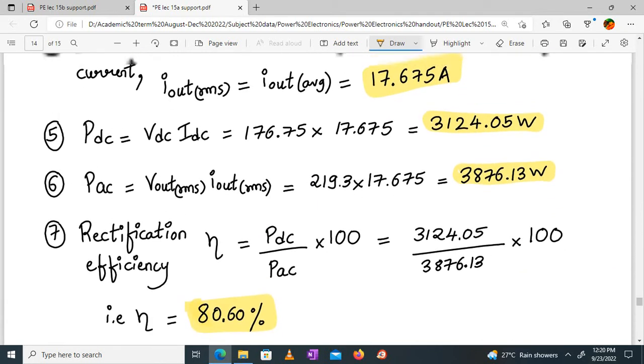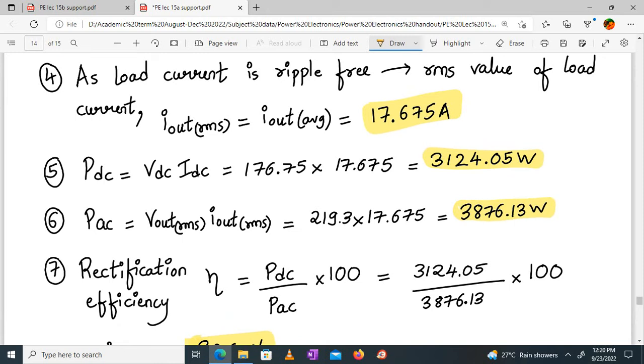So from here, what do you calculate? PDC. What is PDC? VDC into IDC. What is VDC? V out average. So calculate PDC, then calculate PAC, V out RMS into I out RMS, and then calculate rectification efficiency: PDC into 100 upon PAC.